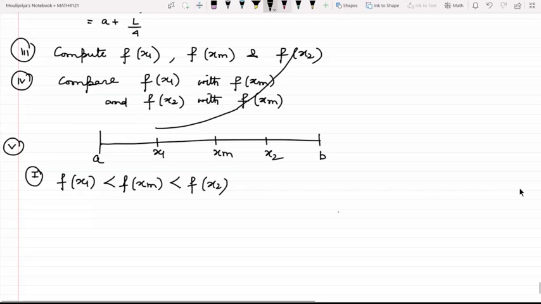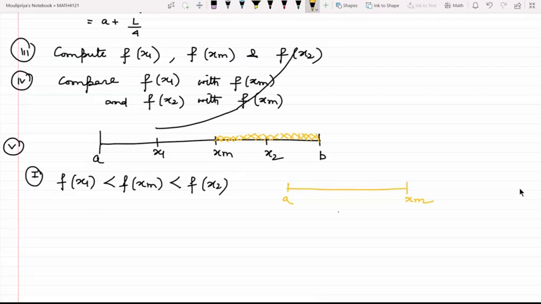Then what we can definitely say is the minimum is never going to lie in the region xm to B. Am I right? If this be the case, your interval is halved. Your new interval of uncertainty is going to be A to xm.